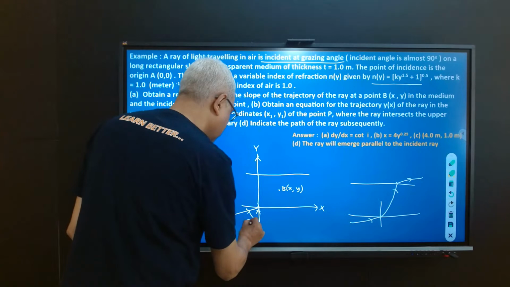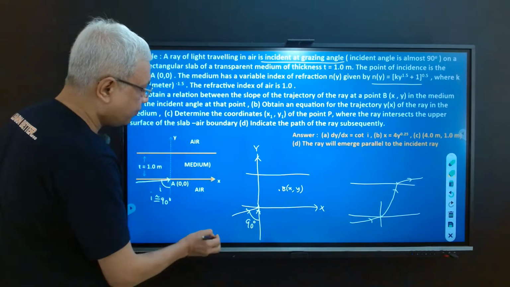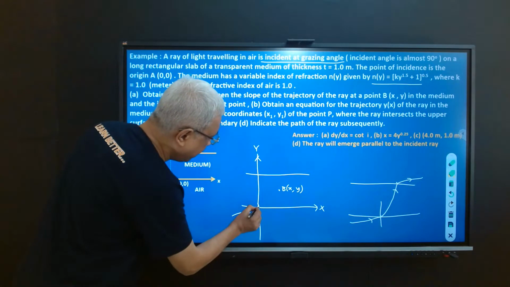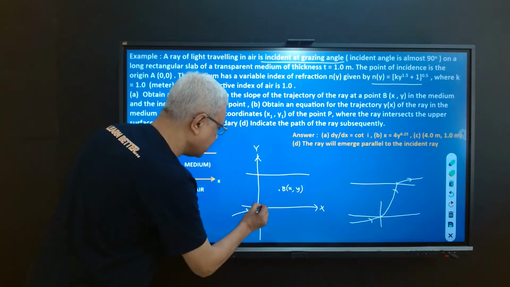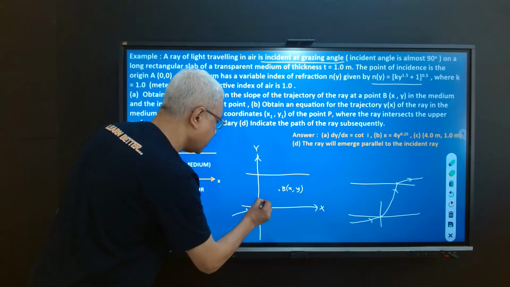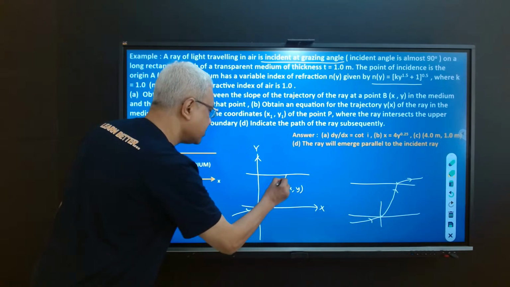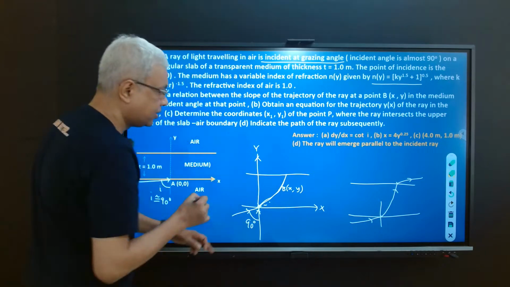This is almost 90. Now, as it strikes the point A, it bends towards the normal. So instead of going like this, it has gone like this. And finally, it is passing through the point B.